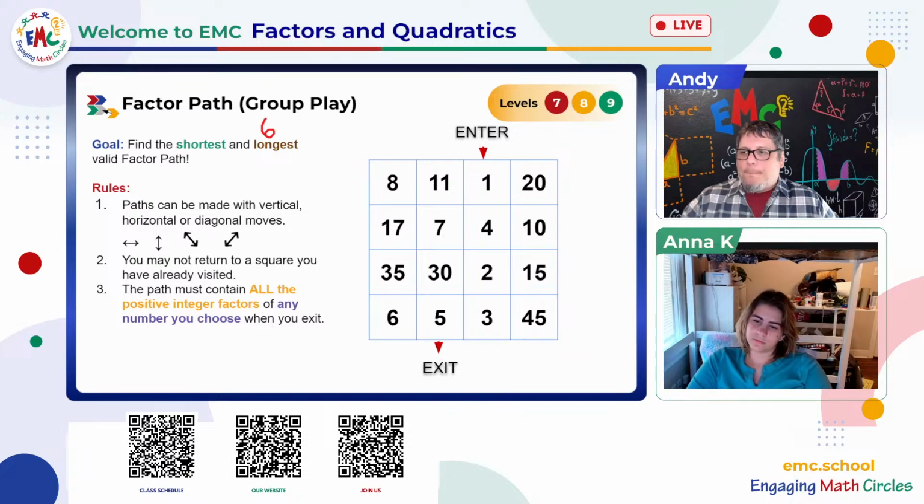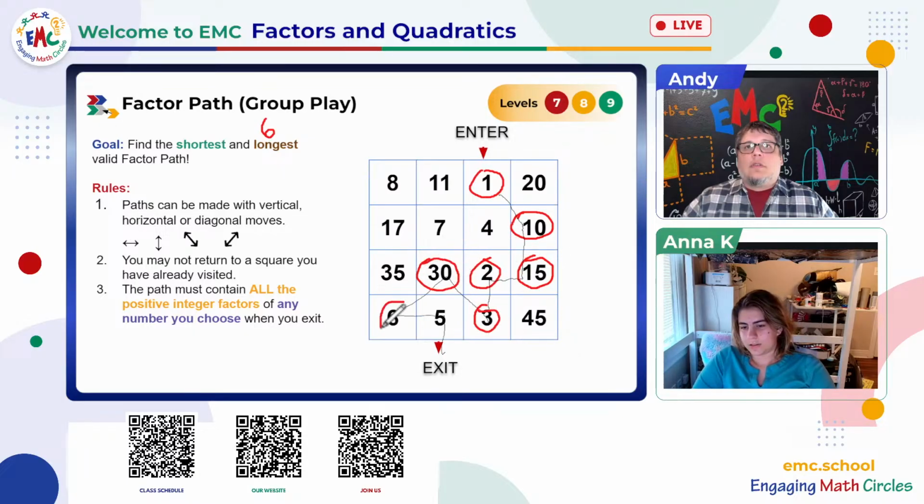Let's see. We can do 1, 10, 15, 2, 3, 6, 5, and to the exit from 30.